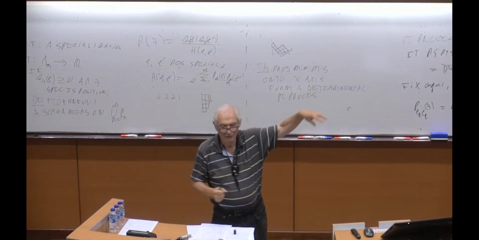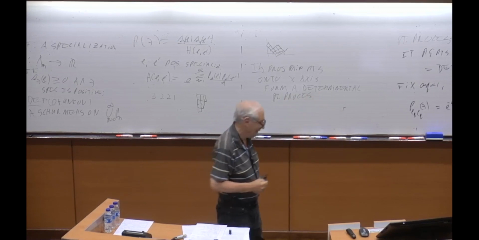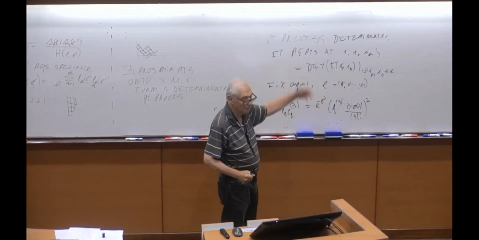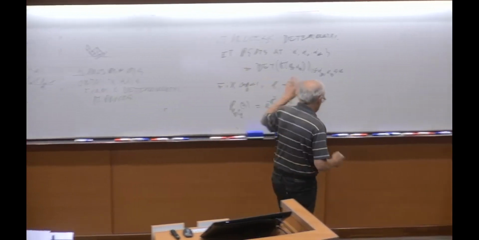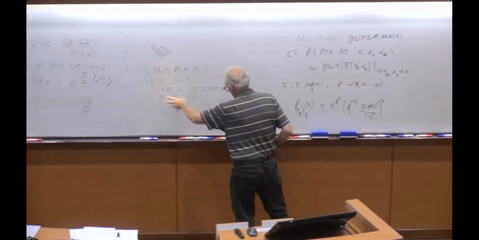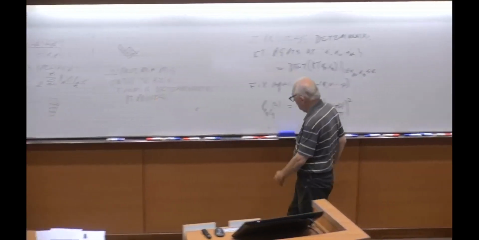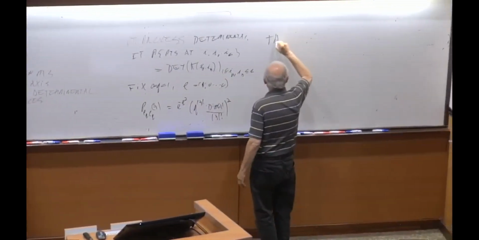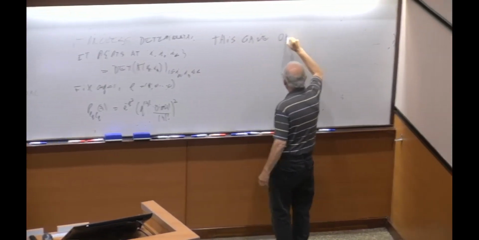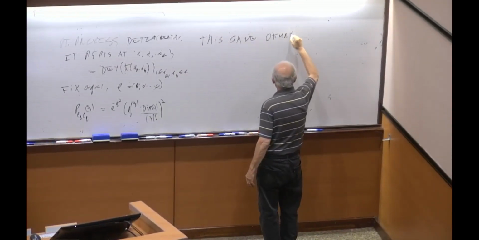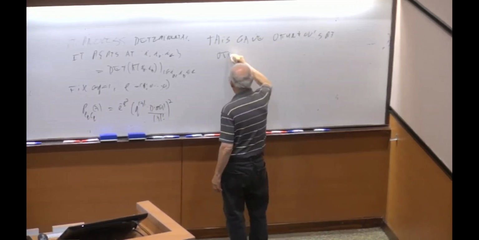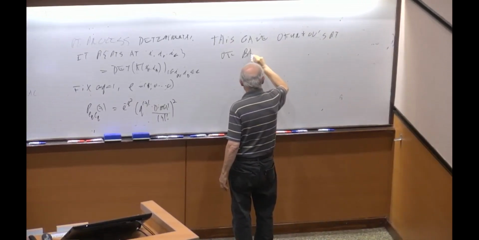It's what you have to do in order to prove and understand, because we know about determinantal point processes. This gave Okounkov's proof of the Baik-Deift-Johansson theorem.